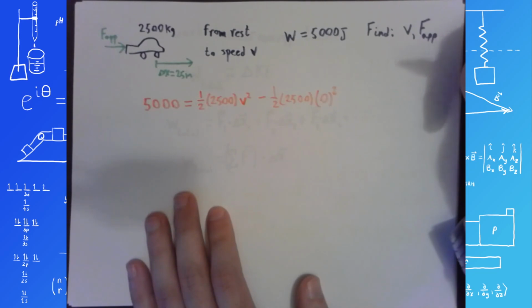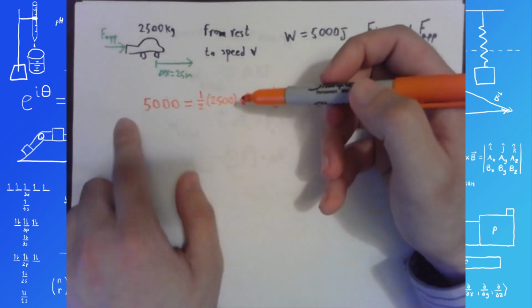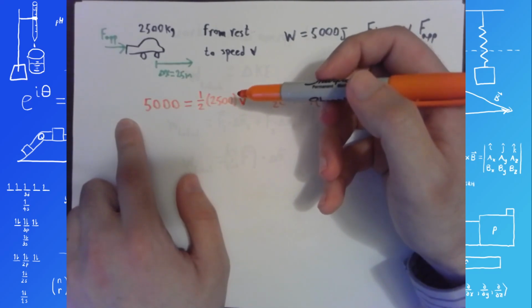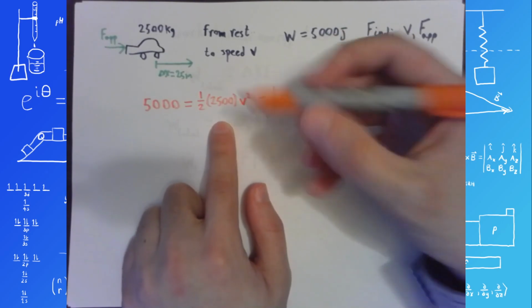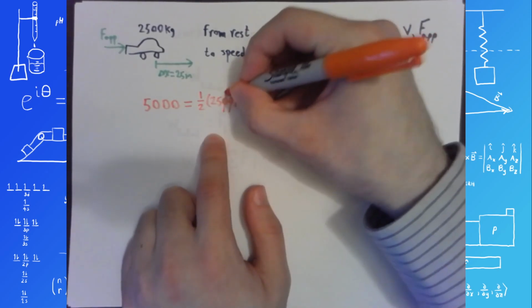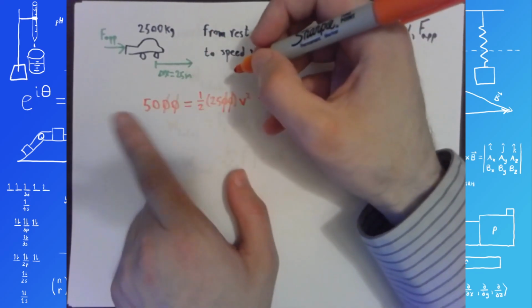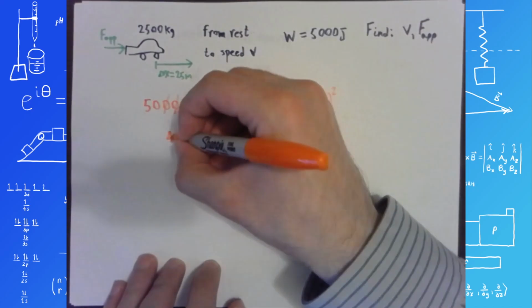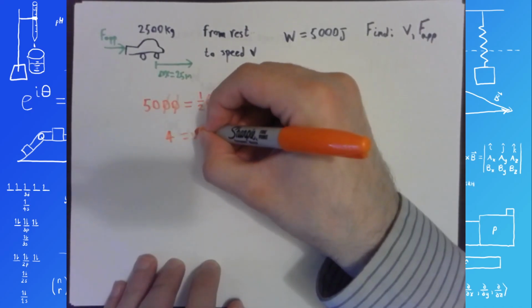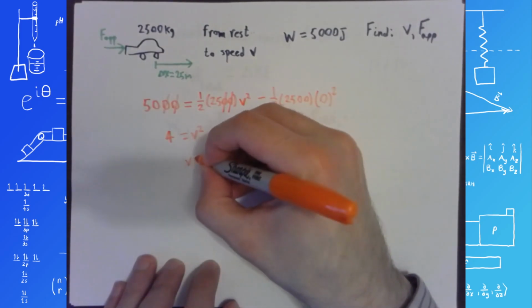Very quickly I can multiply the 2 over to there, and that'll give me 10,000. And then 10,000 over 2,500, I can cancel 100 on both sides, and 2 times 50 is 100, and 100 over 25 gives me 4 is equal to v squared. So v is equal to 2.